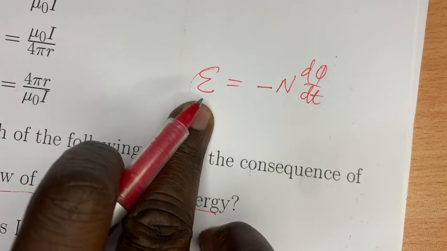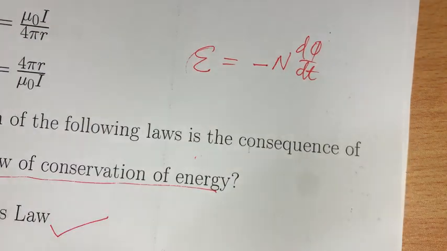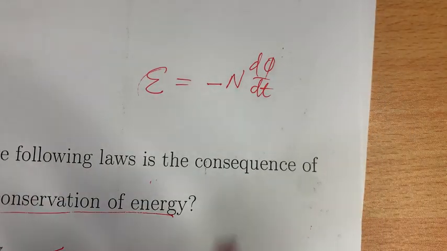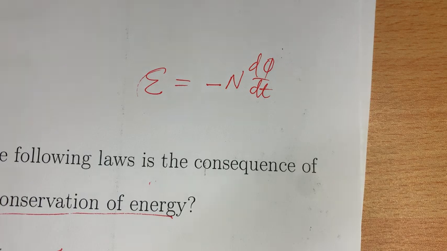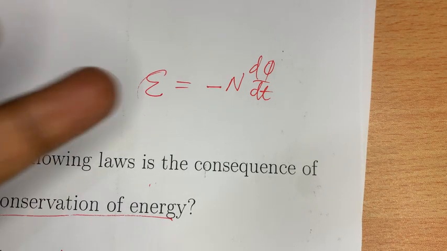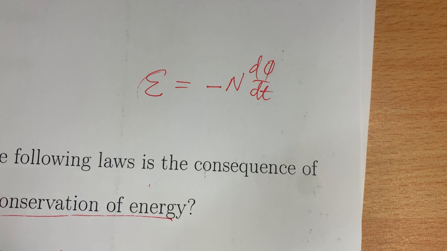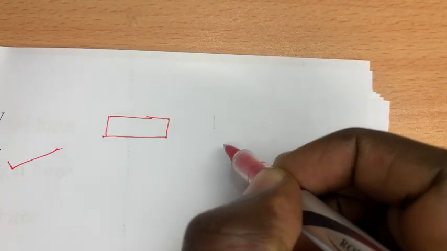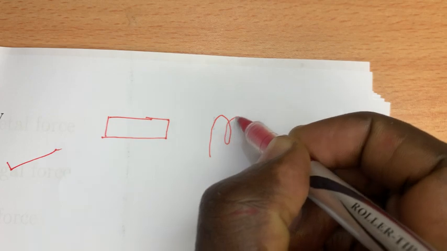We will know how much EMF we have. Then Lenz's law tells us the behavior. It is not quantifying the EMF, but it is telling us how this EMF behaves. In doing that, we are made to understand that it is actually a conservation of energy principle. And let us go back to the magnet and the coil thing for more clarification.